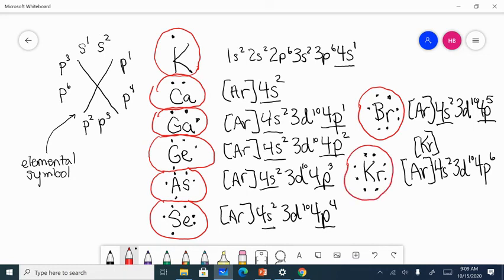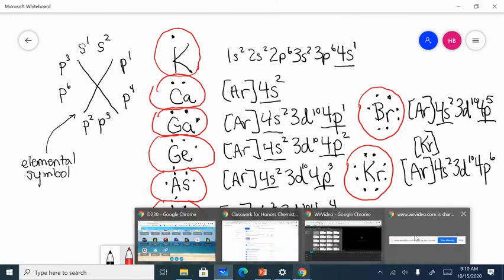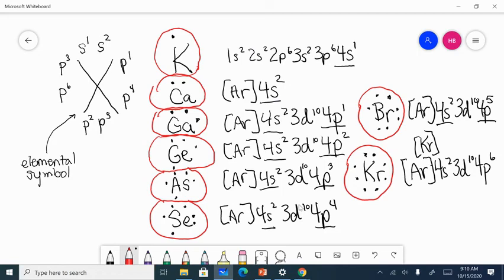The boron family will each have 3 dots. The carbon family will each have 4 dots. The nitrogen family will each have 5 dots. The oxygen family will each have 6 dots. The halogens will each have 7 dots, and the noble gases will each have 8 dots.